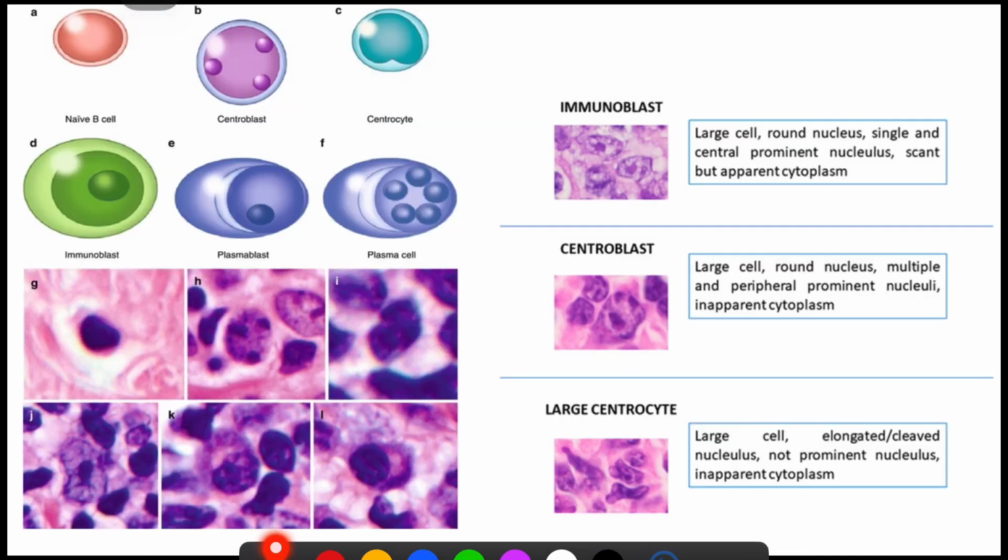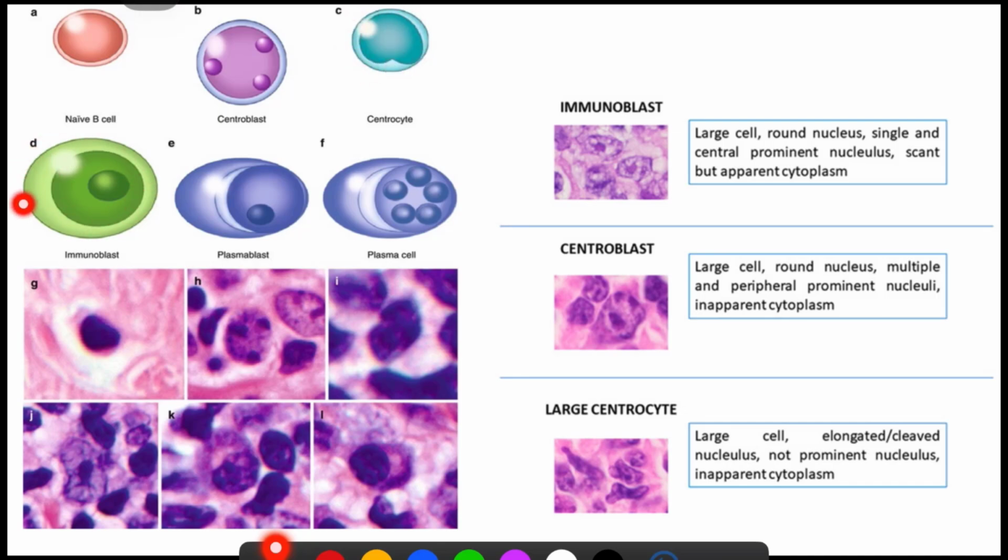So these are the cytology features in a diagrammatic way. These are inactive cells, and large cells with prominent 3 nucleoli residing at the nuclear membrane. Cleaved cells are centrocytes.